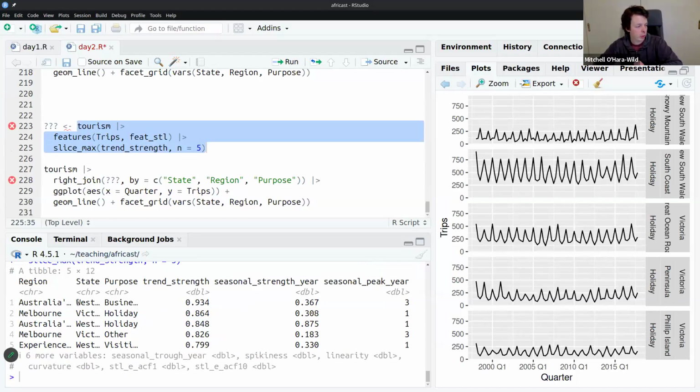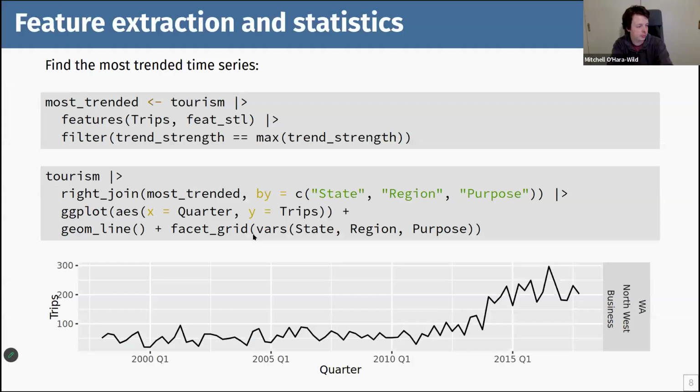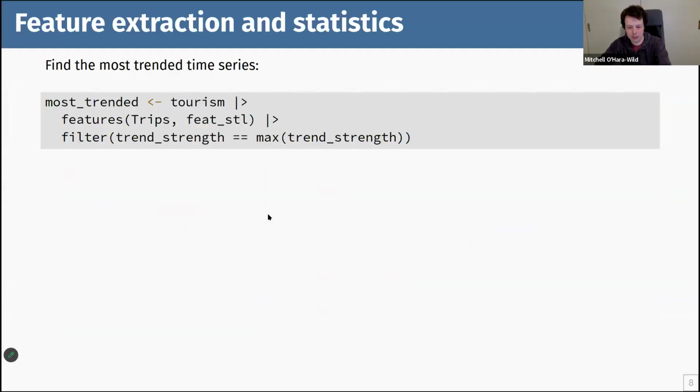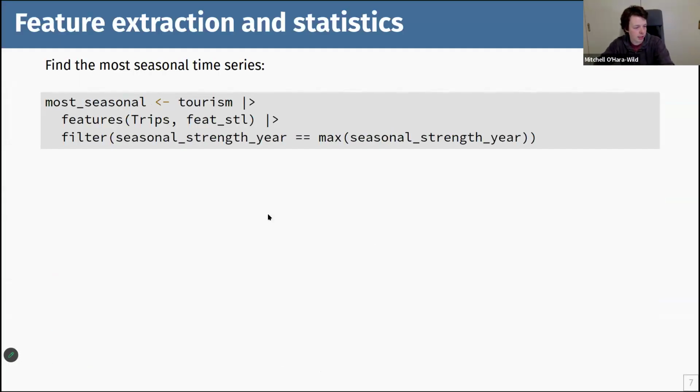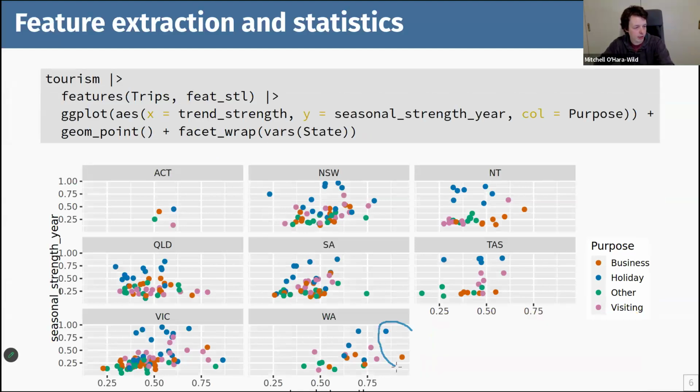So you can see these are generally in Western Australia and Victoria, the 2 trendy states that we saw earlier with this plot. You can see it's picked out these 2, and I think this one as well are the 5 time series that we're looking at.